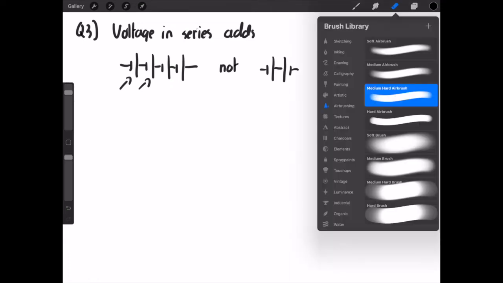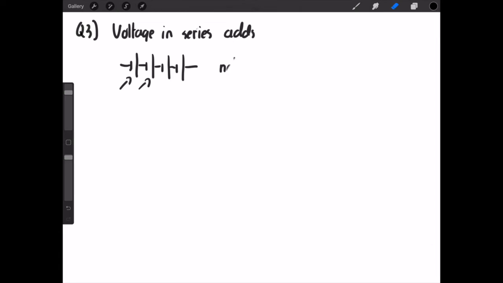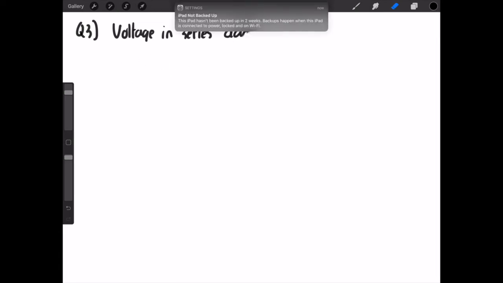So this next question, I think quite a few people struggled with, but it really isn't too difficult. We've got an 18 volt cell, so that's an 18 volt battery, which is a number of cells connected together.